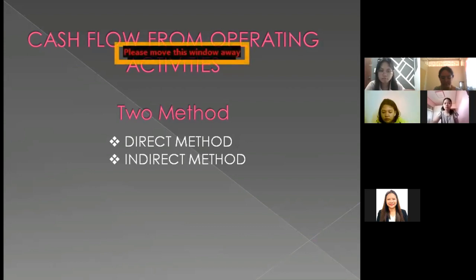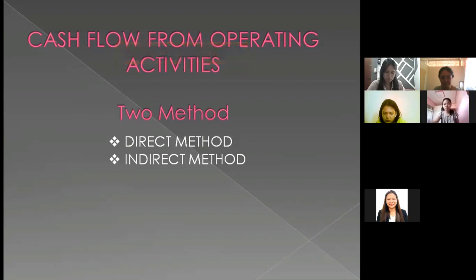Cash flow from operating activities are generally the cash effects of transaction and other events that enter into the determination of profit or loss. This cash flow can be presented using either the direct or the indirect method. So, may dalawa tayong method, direct and indirect method.